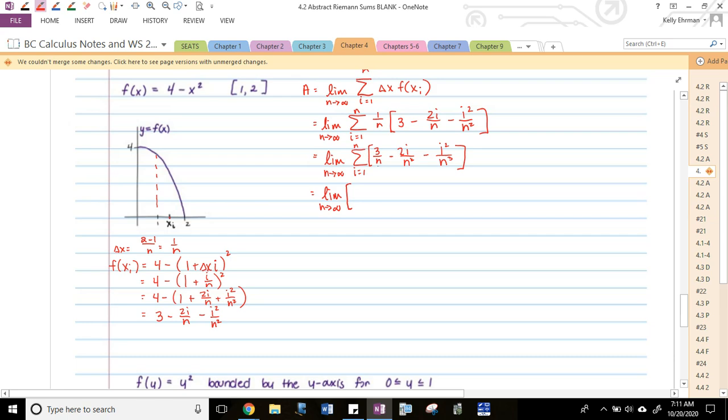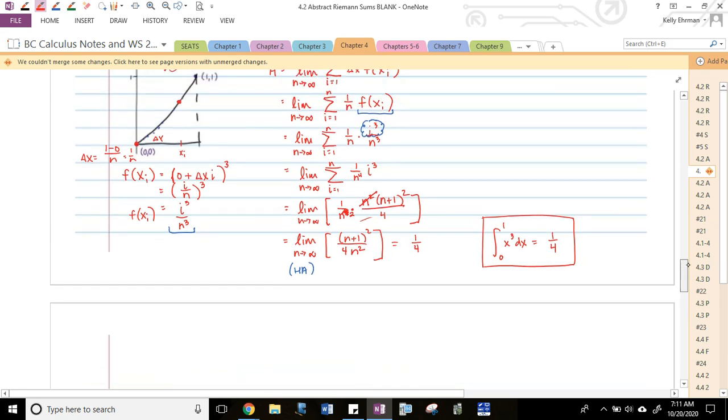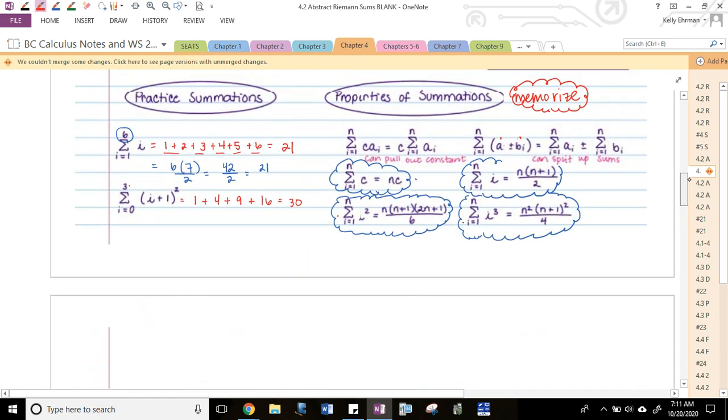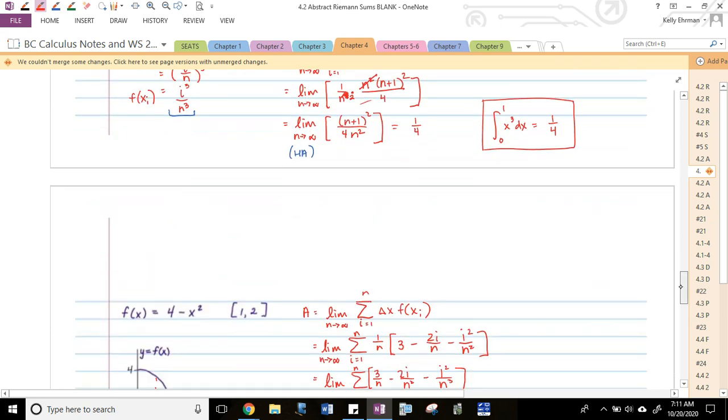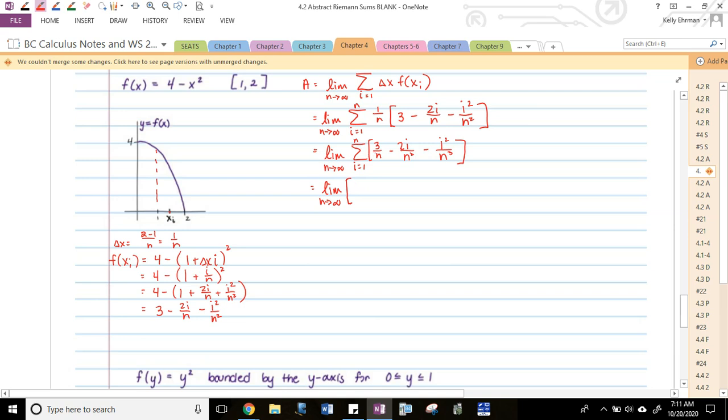3 over n is a constant, right? 3 divided by n. Go back to your rules back here. The sum of a constant will turn out to be n times the constant. So this first term becomes n times 3 over n. Minus, I'm going to write 2 over n squared.